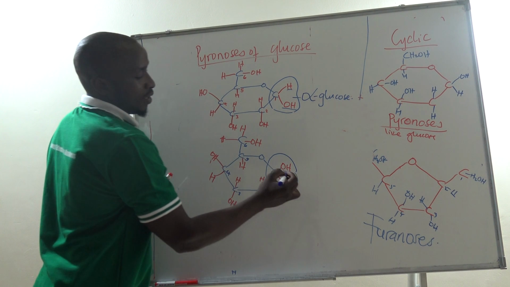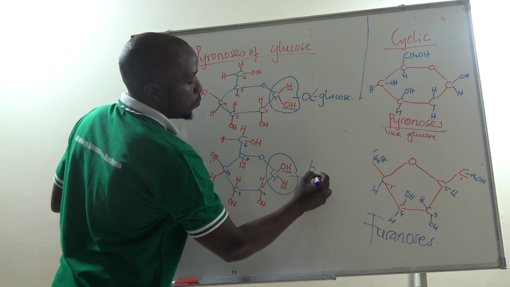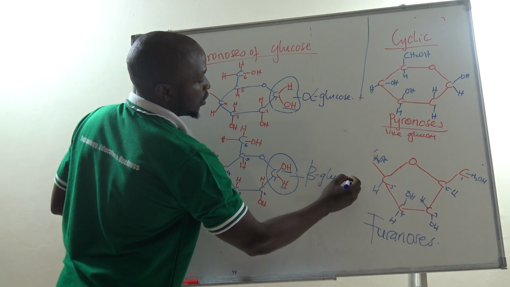This gives us another name and another isomer called beta glucose.